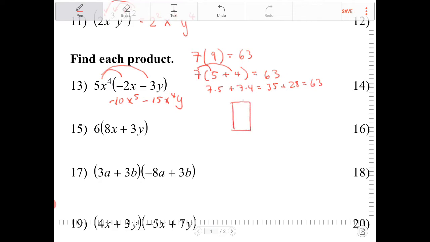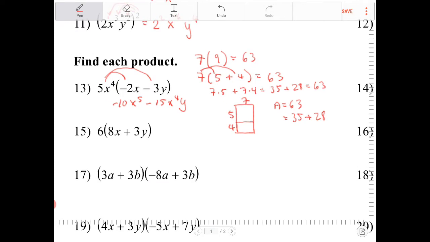Again, I'm using 7, 5, and 4. So another way of thinking about this, 7 times 9, because I'm trying to get the area of this rectangle, the area is indeed equal to 63. But the area can also be thought of as 35 plus 28 as well. So that's the distributive property, demonstrated in a more geometric sense.